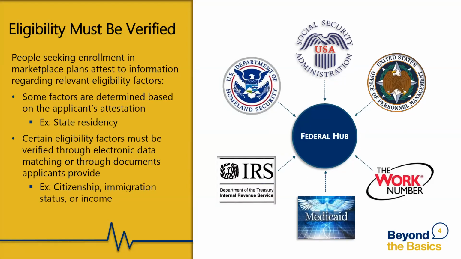The application will seek to verify these factors through electronic data matching with a variety of trusted sources, such as the Social Security Administration, the IRS data files, or the Department of Homeland Security data files. And in some cases, it's non-government entities such as The Work Number, which is often utilized. And when eligibility factors can't be verified through these electronic matches, applicants are requested to provide proof of their circumstances and additional information. Next slide.